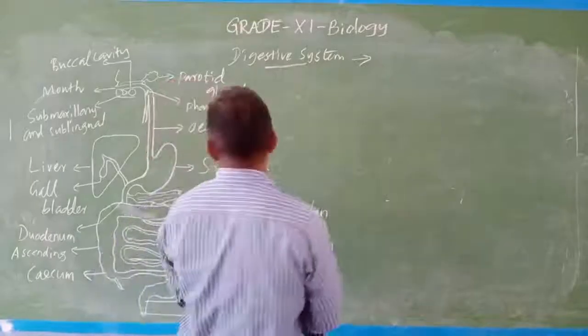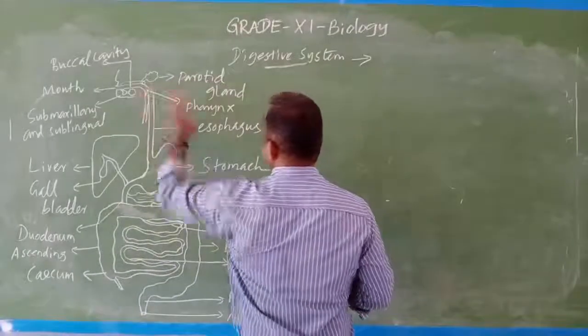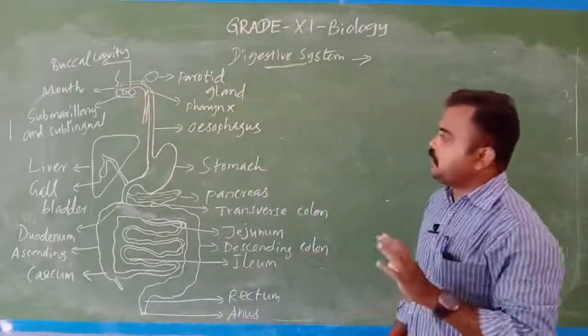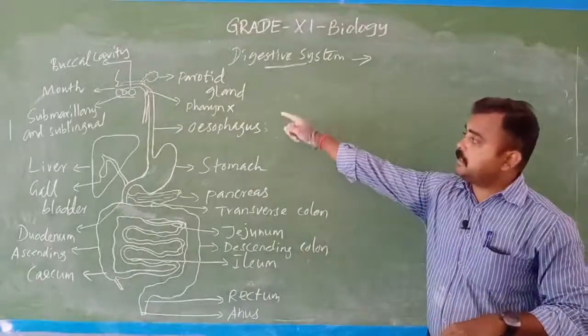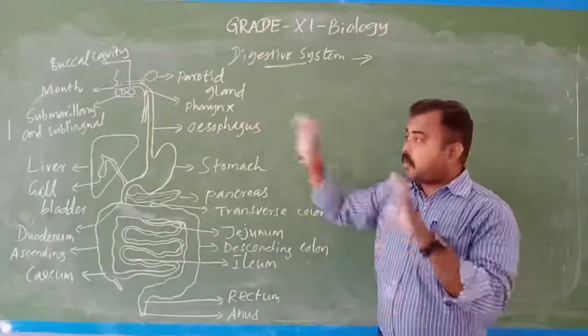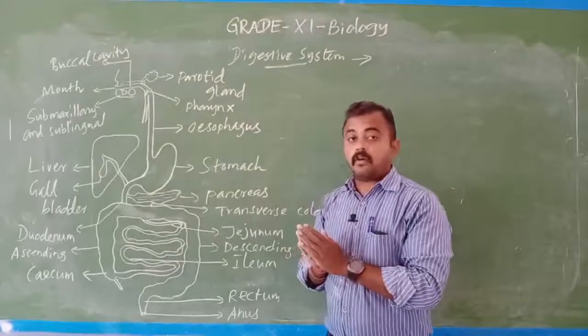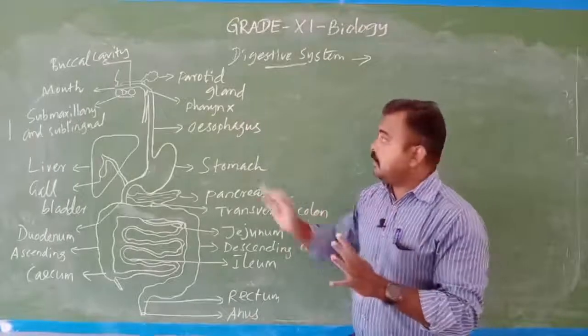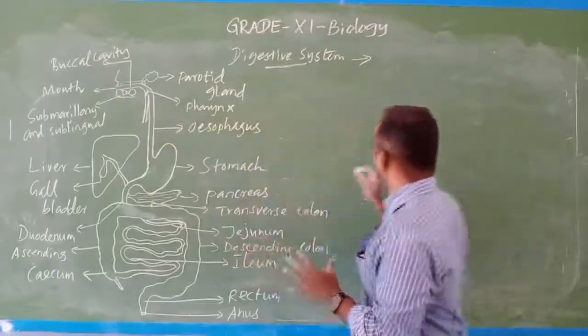The next one, here you can see the pharynx. Pharynx, I already told that it is a common passage for food and air. After that only it is separated.